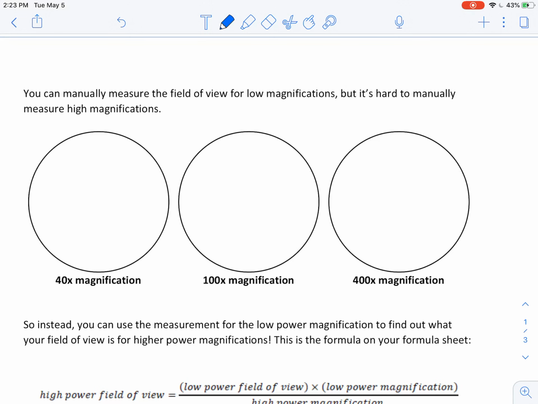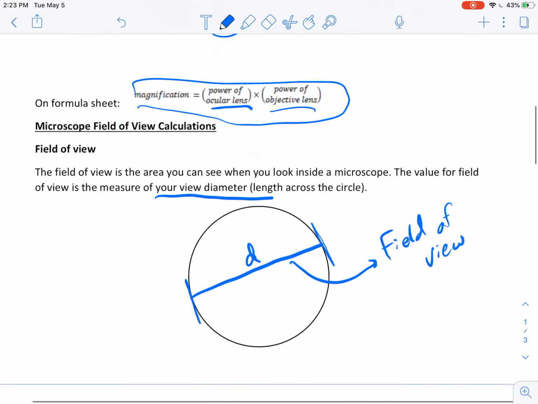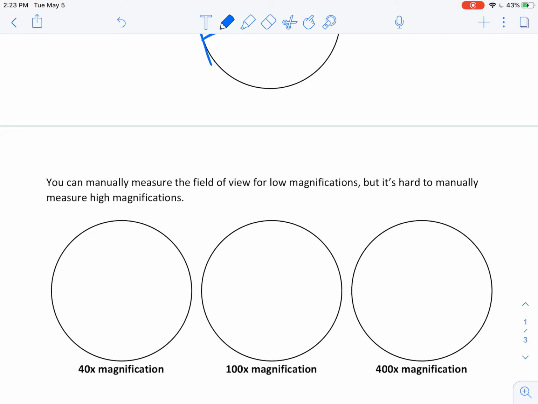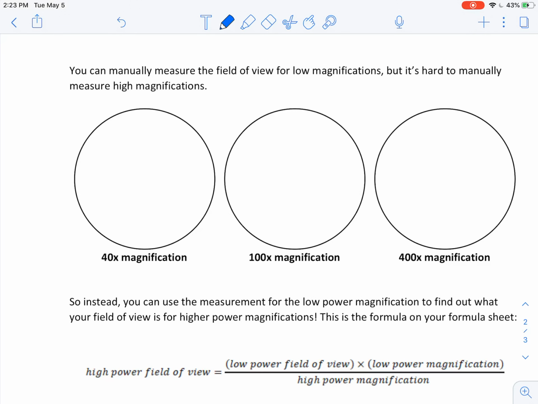Some of them, like the really low powered, when it's 40 times magnification, you can actually measure the field of view yourself. And that's what we would do in a lab if we were in a lab. And usually what that'll look like, if you took a little ruler and you put the ruler under the 40 times magnification, it would look something like this.